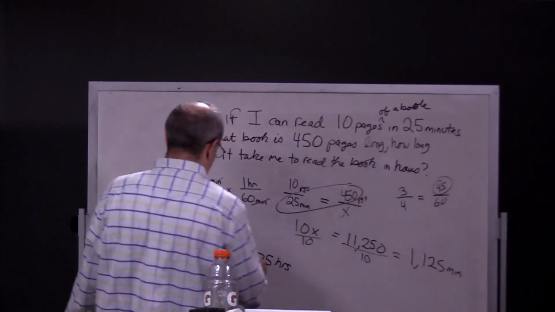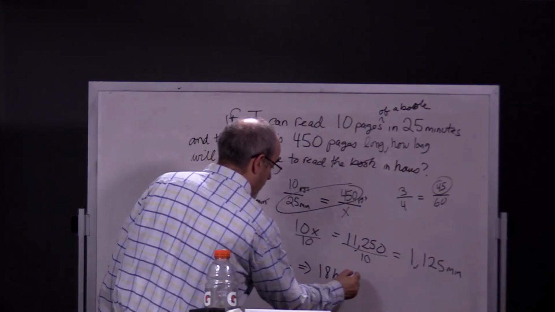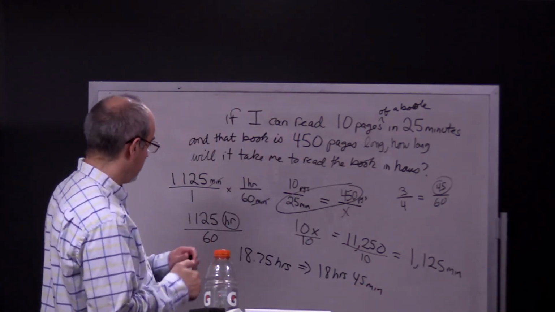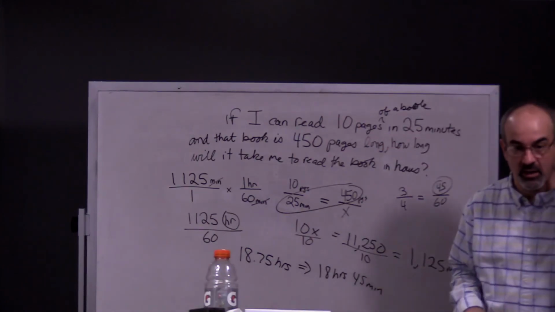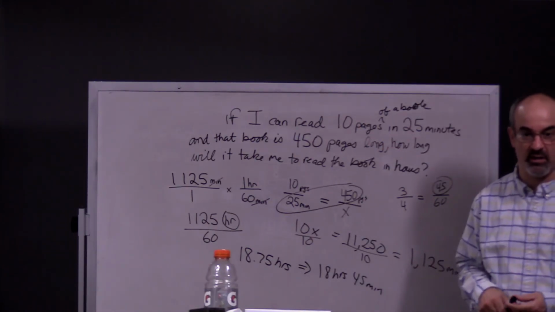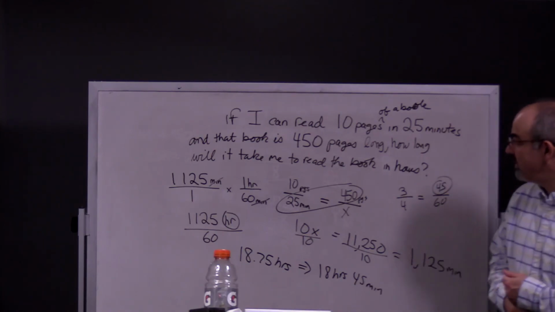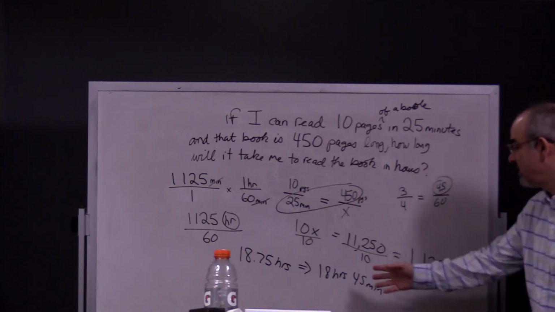So this would be 18 hours, 45 minutes. So if they didn't care how you put the answer, you could just say 1,125 minutes. But it's more normal to actually give your answer like this.